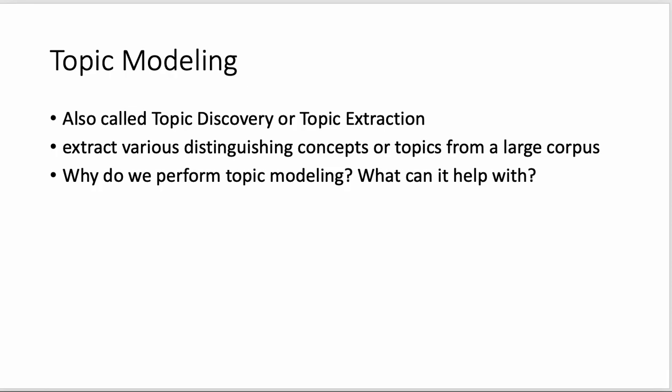It has many tasks. It can help with discovering the hidden themes in a document collection. You can classify documents into discovered themes. You can use the classification to organize and for dimensionality reduction, and it can be used for embedding in a more complex model.